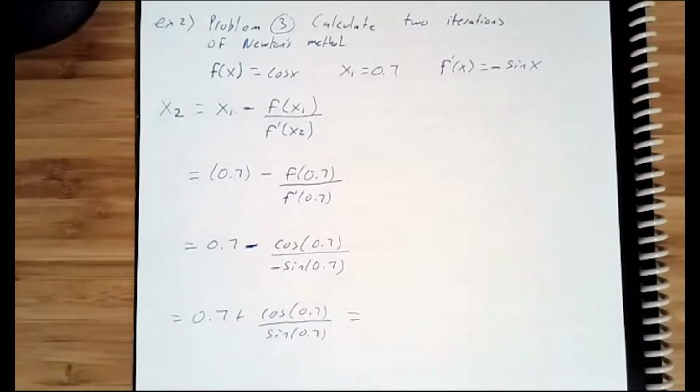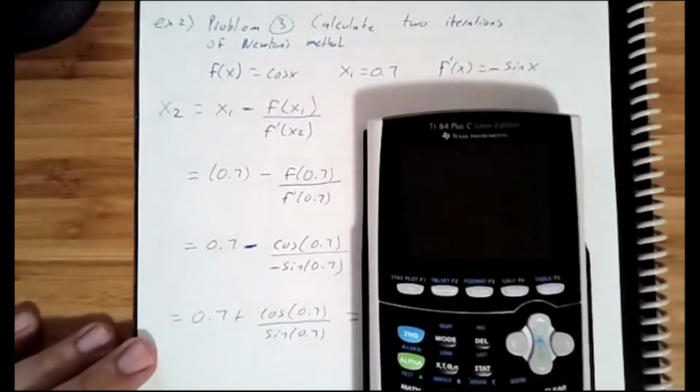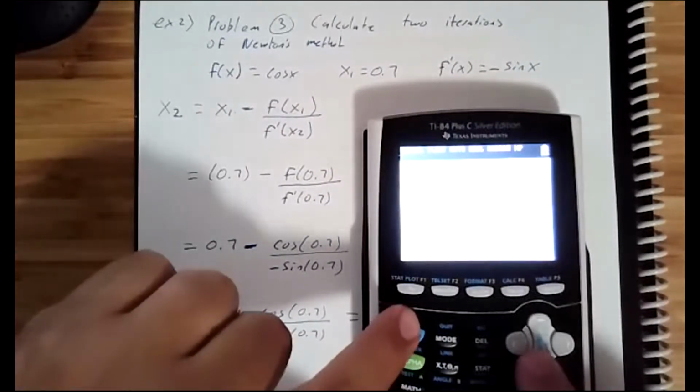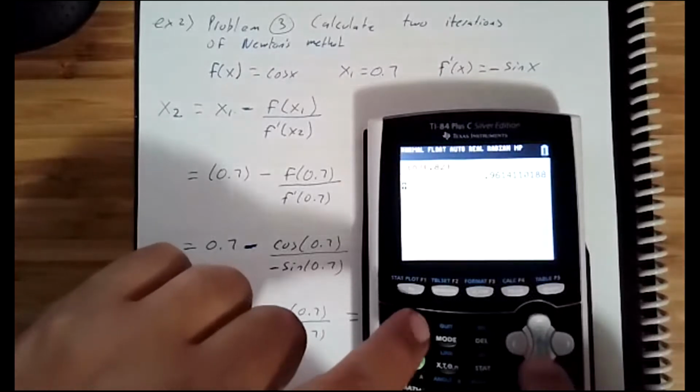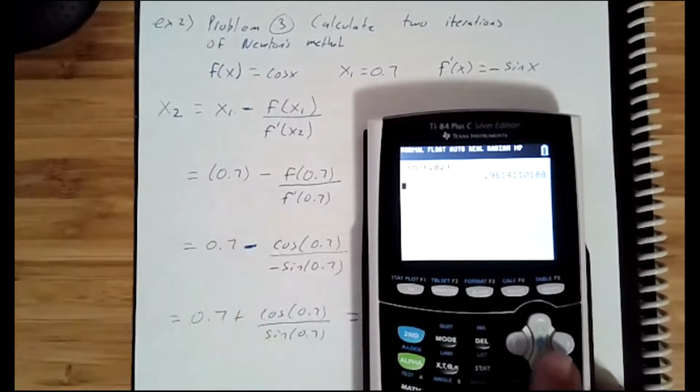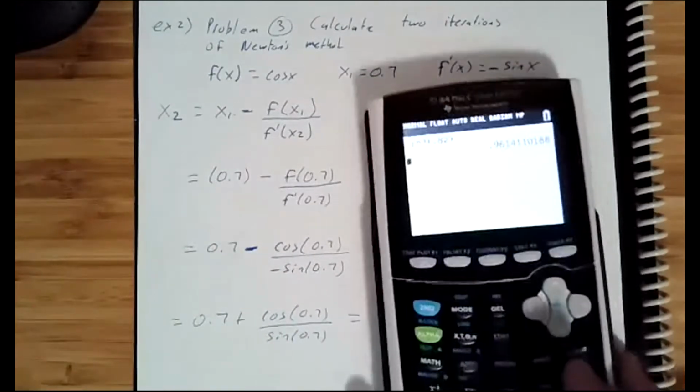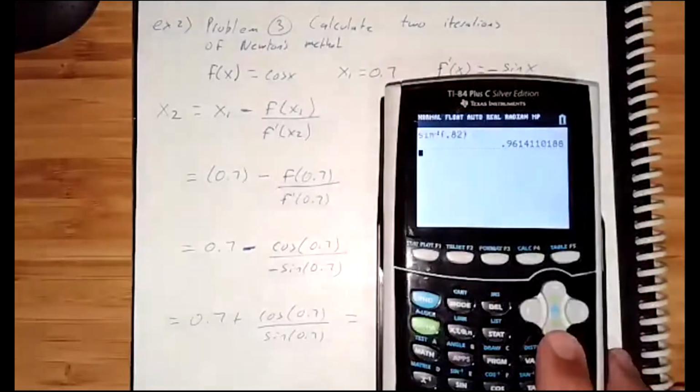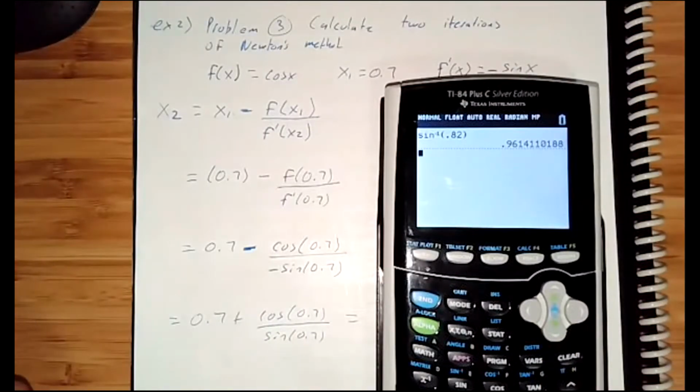Either way, at this point, we should be using the calculator. Could have used it a long time ago. All right, so 0.7 plus cosine of 0.7 over sine of 0.7.